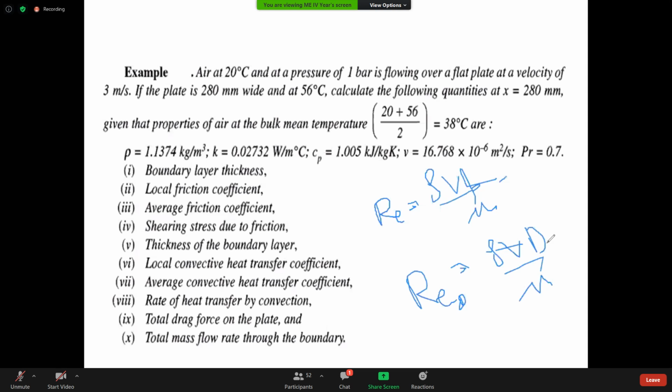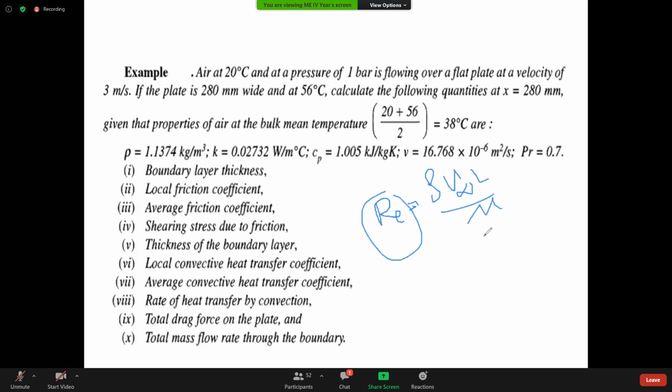Whether the conditions are laminar or turbulent, we may discuss. For example, for this case, rho U infinity L by mu for the flat plate case. Calculate this. If it is laminar flow, go to the data book.